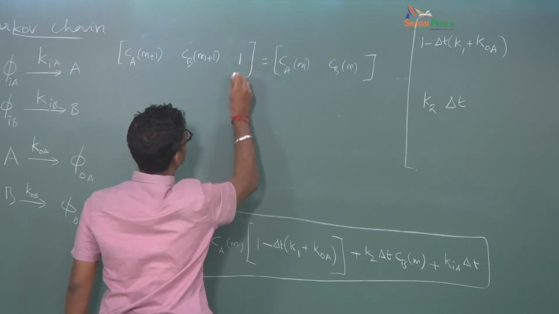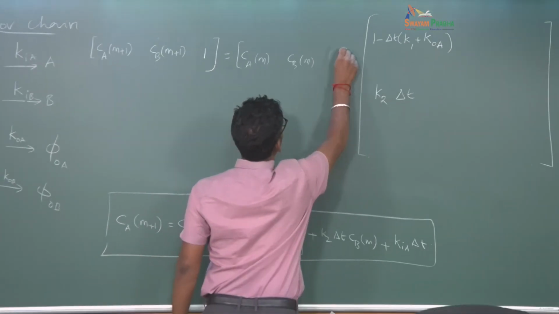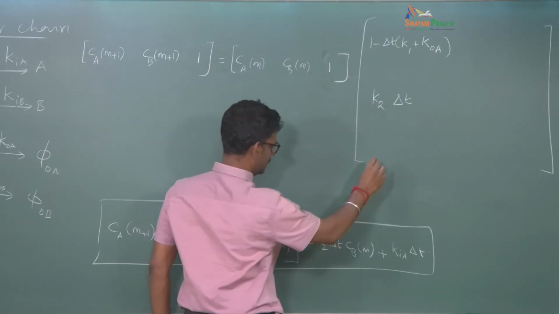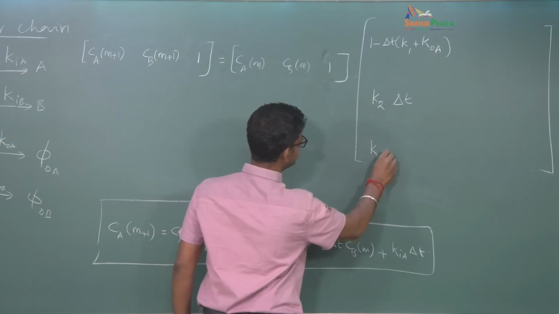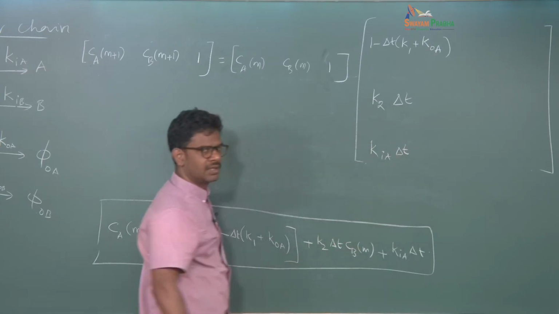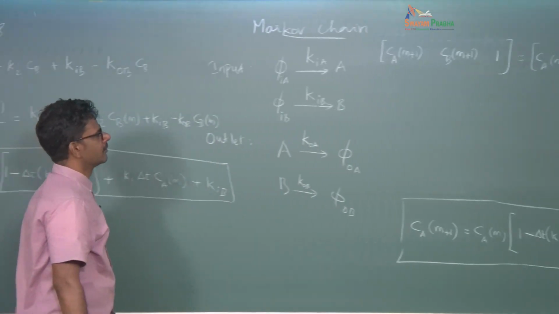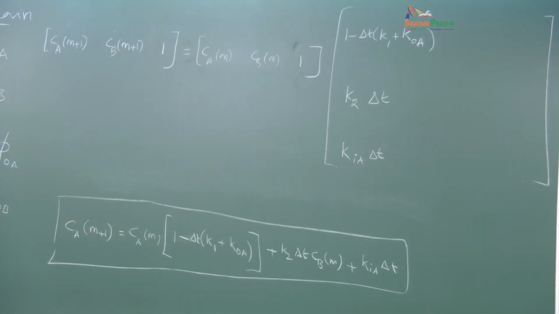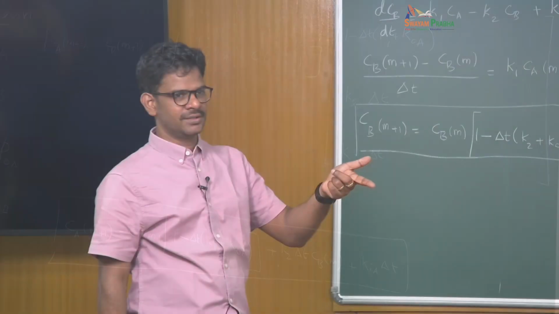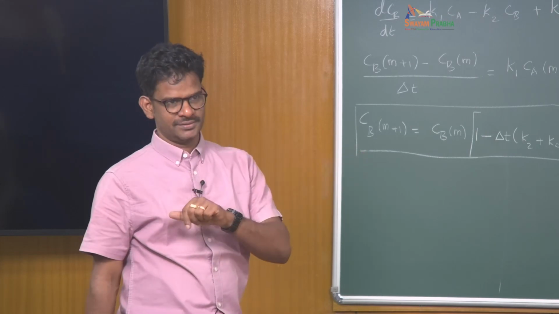I'll add one here, and then this becomes KIA delta t. We create an artificial or virtual state so that this can be written in matrix form. This is new information. You would have done exactly this even for a batch reactor with a zero order reaction.